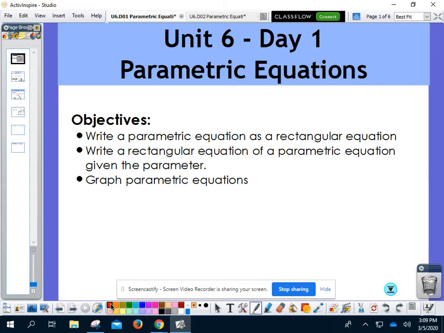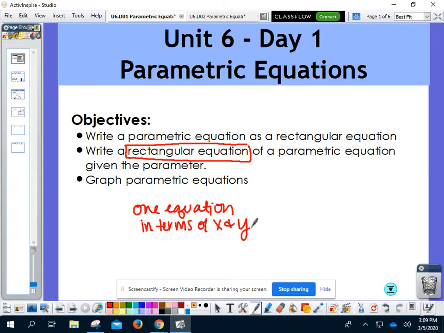Something I want to address before you move forward is that a rectangular equation is something you've known all your life. This is something that's expressed, so we usually have one equation that's expressed in terms of x and y. Now this could be something like y equals 3x squared plus 7.